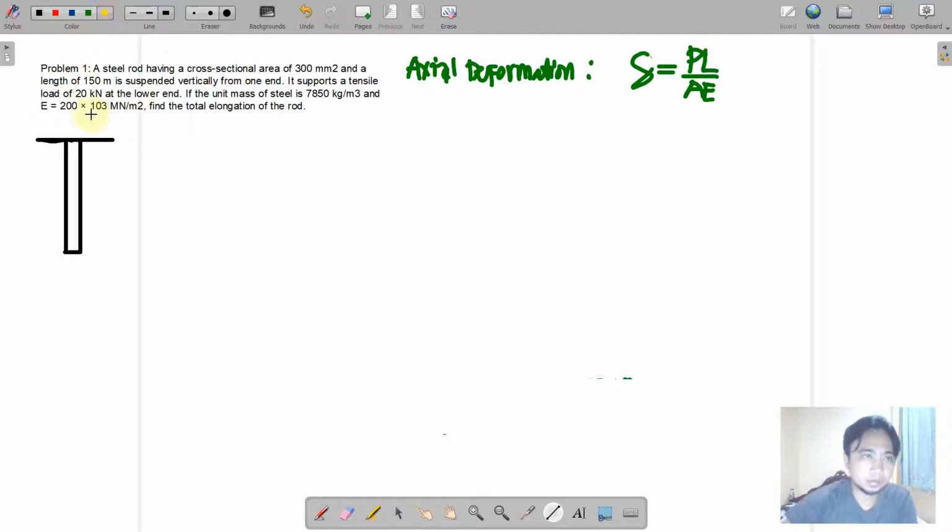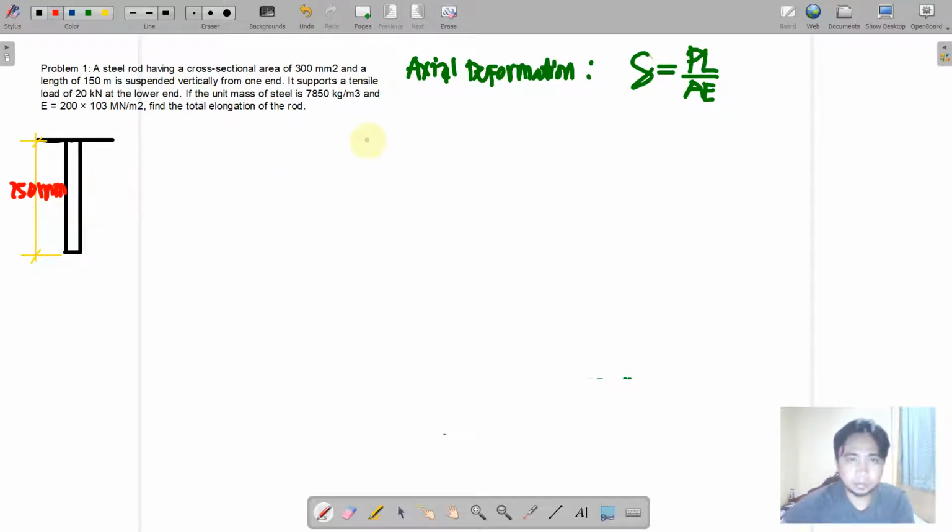This has a dimension equivalent to 150 millimeters according to the problem. So we have here 150 millimeters.